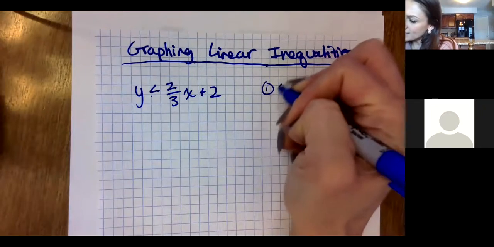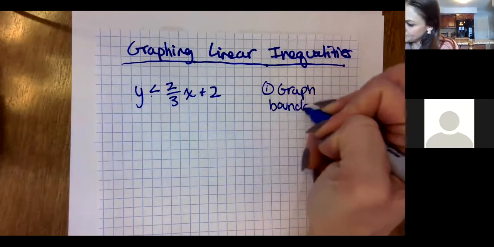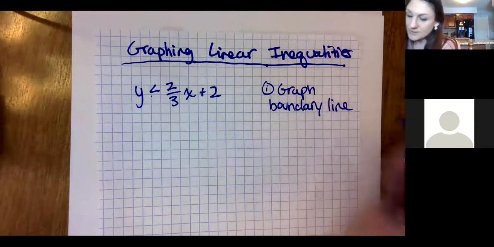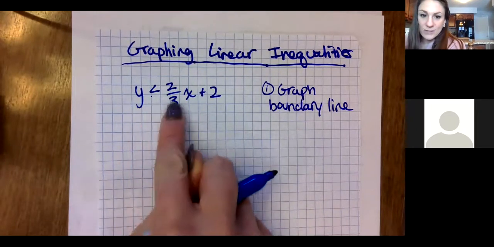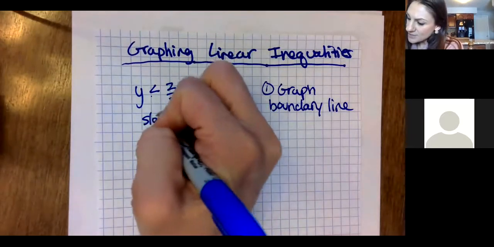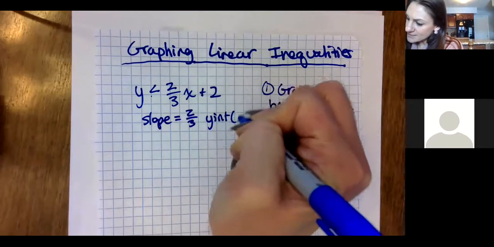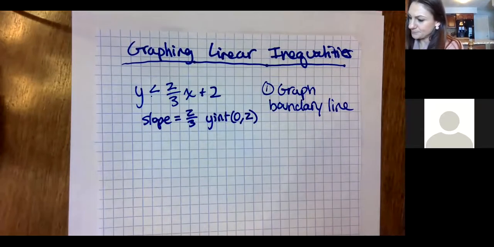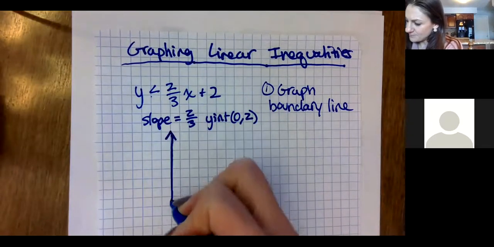Step one is we're going to graph the boundary line. So just like we've graphed before, we're going to go ahead and graph this. So it's in y equals mx plus b. So the slope is 2/3 and the y-intercept is 0, 2. So we can set up a graph.